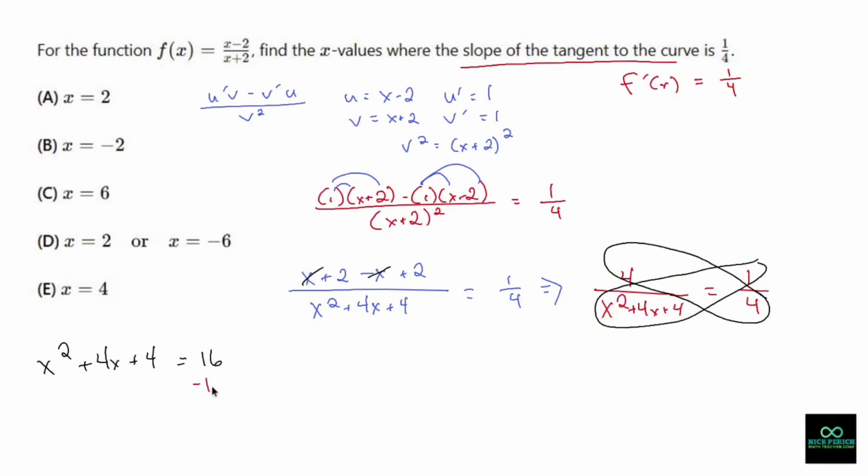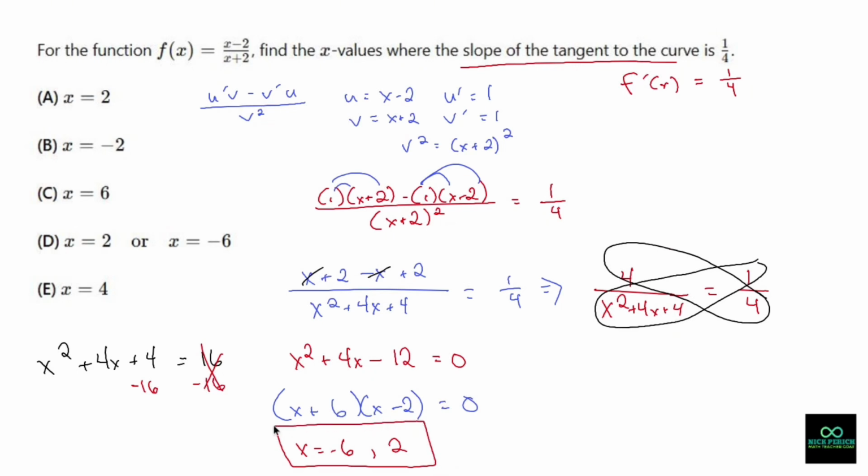Let's subtract 16 from both sides. That gives us x squared plus 4x minus 12 equals 0. That should factor out nicely to (x plus 6)(x minus 2) equals 0, which means our magic numbers are x equals negative 6 and x equals positive 2.